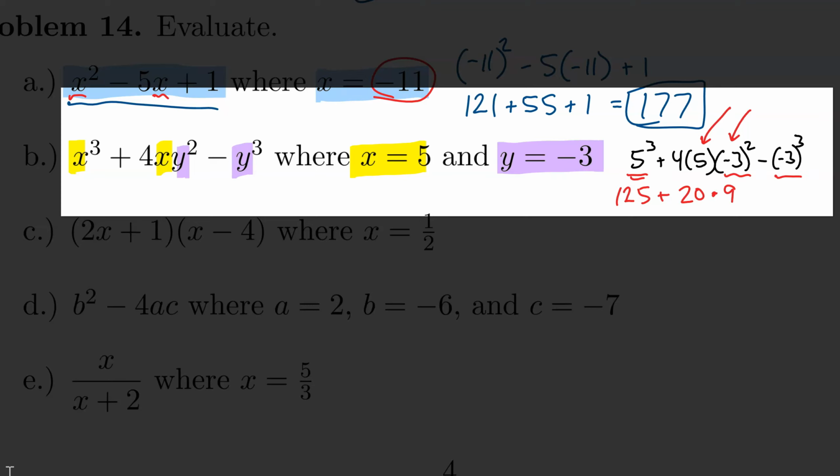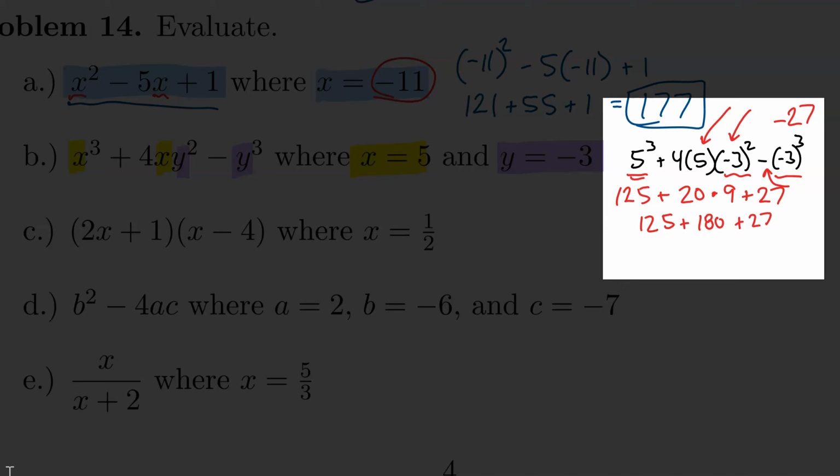But then that has a minus sign in front, so it becomes a plus 27. So I have 125 plus 20 times 9 is 180 plus 27. And adding up those numbers, I get 332. 125 plus 180 is 305, plus 27 is 332.